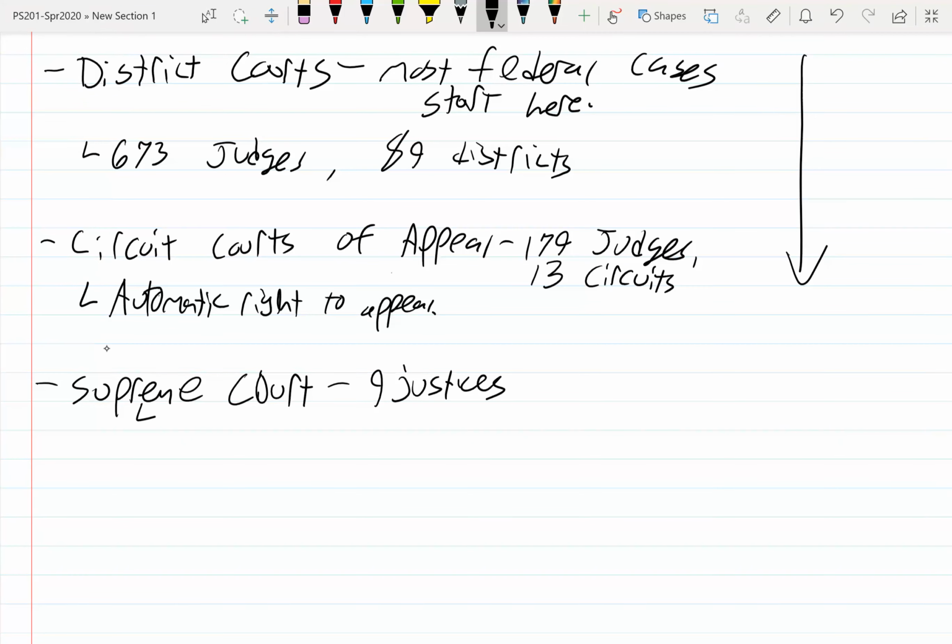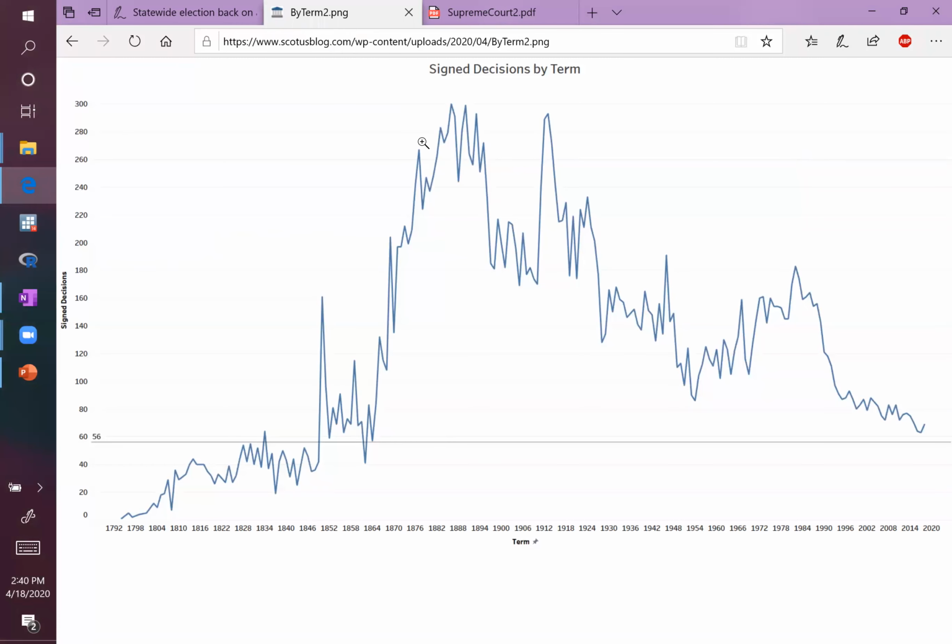And just to briefly go back to one of the articles I had, this graph here shows you the number of cases the Supreme Court actually rules on every year. Here we're on pace for 56, and you can go back to more, even at their more recent peaks, about 180. Okay, so there's a relatively limited number of cases that 9 justices can hear over a yearly period, right?